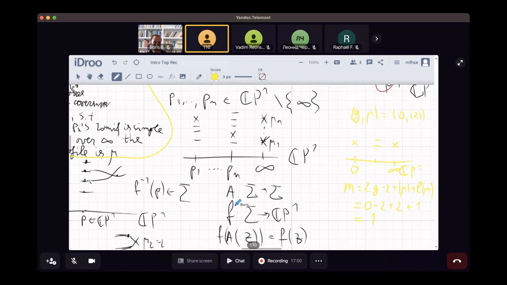But then, let's see what this definition gives us for this particular example.